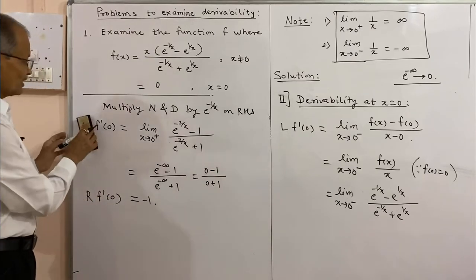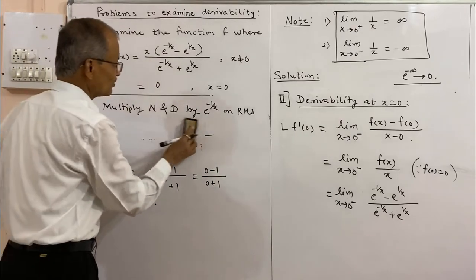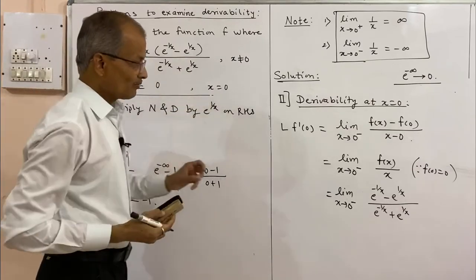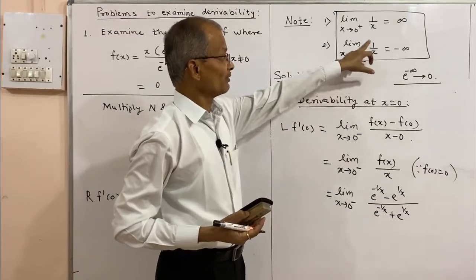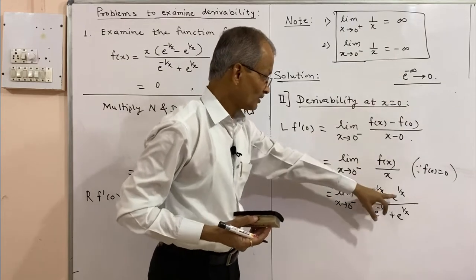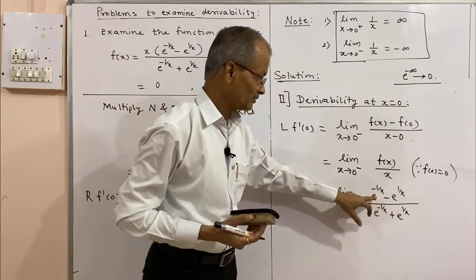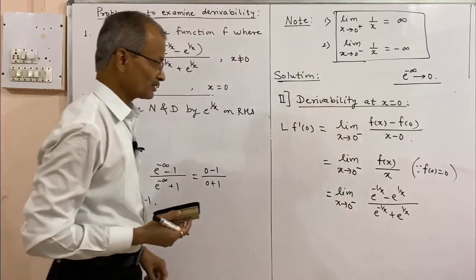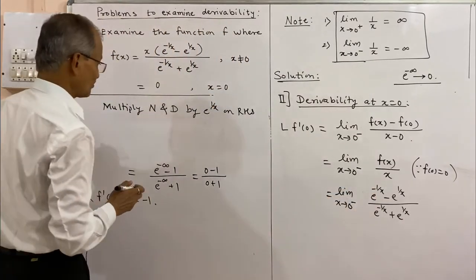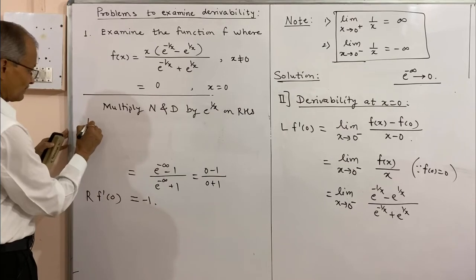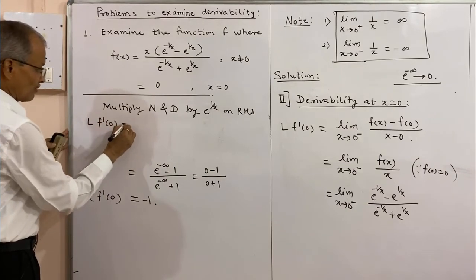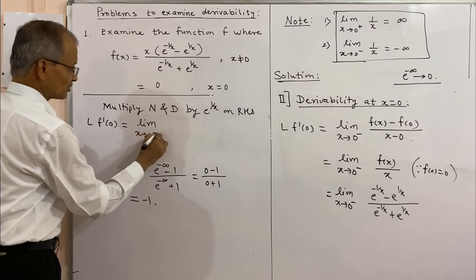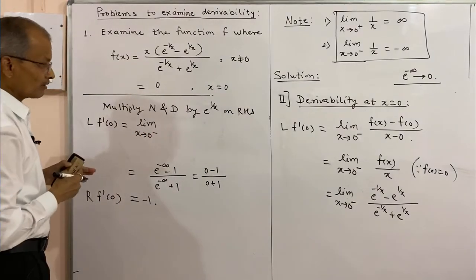Now here what we have to do is multiply the numerator and denominator by e raised to plus 1 by x. We have to consider this limit. 1 by x is minus infinity, so we keep this and we eliminate this, meaning we have divided by e raised to minus 1 by x, that is, multiply by e raised to plus 1 by x, and the left hand derivative will be limit x tends to 0 from left.